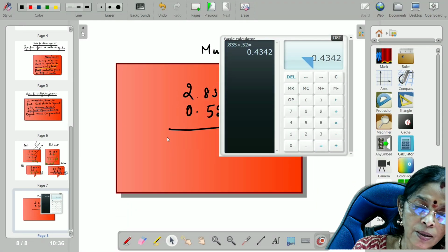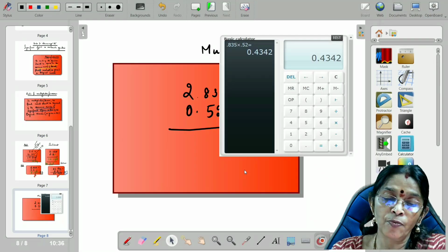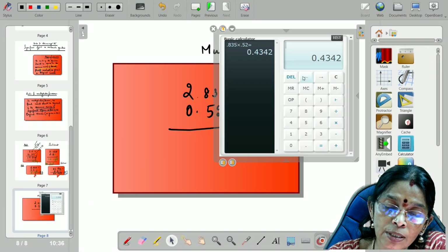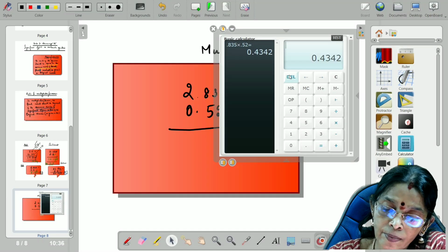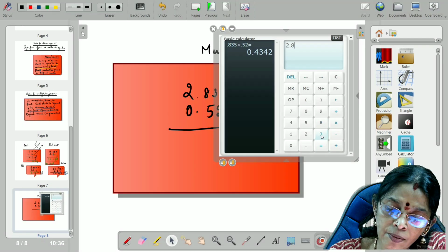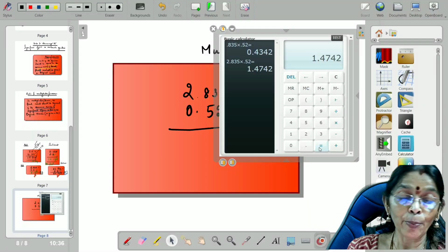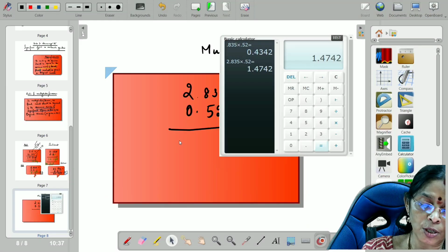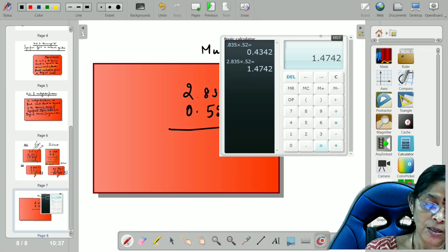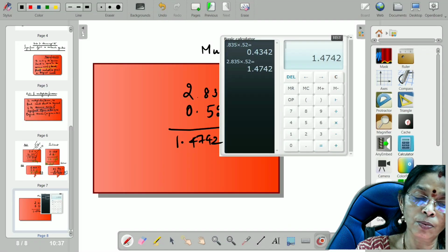Let me check once again. 2.835 into 0.52 equals 1.4742. Yes, earlier it was wrong. I put only 0.835. So now 1.4742. So let me write 1.4742. Okay, children?